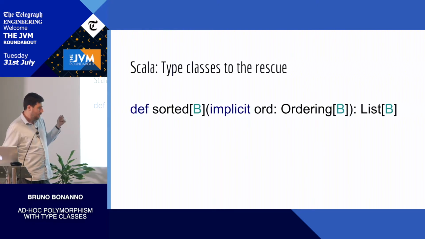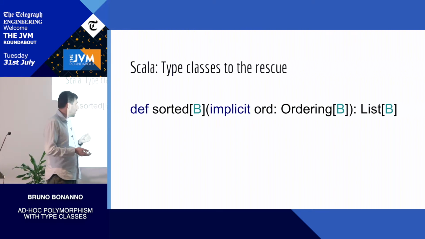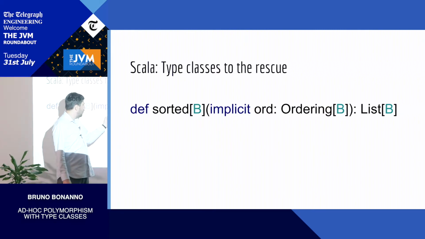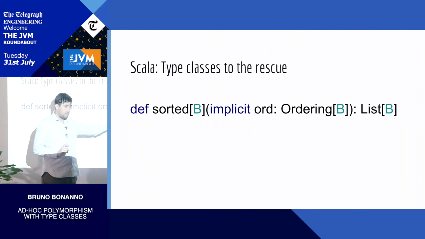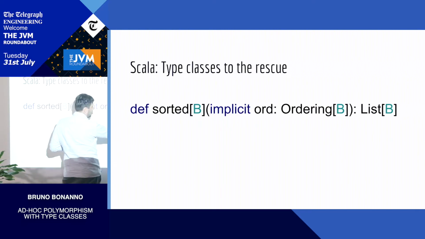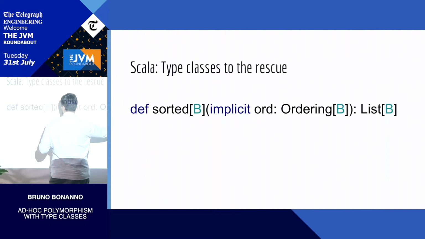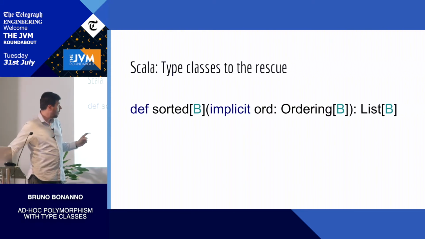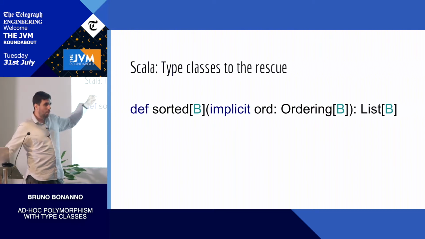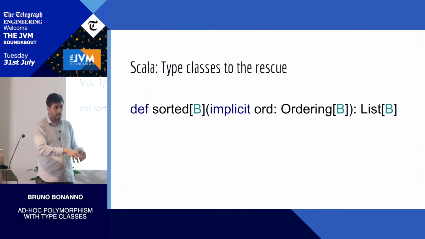Implicit is a keyword that tells the compiler: if you find some implicit value of this type, and it's not just this type, the whole thing is a type in Scala, so it has to be an ordering of type B, which is the type we are trying to sort, then if you find something in scope of that type, the compiler will automatically complete the method invocation by passing that ordering instance to the sorting method.